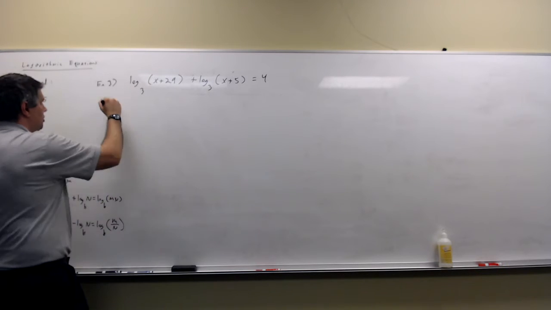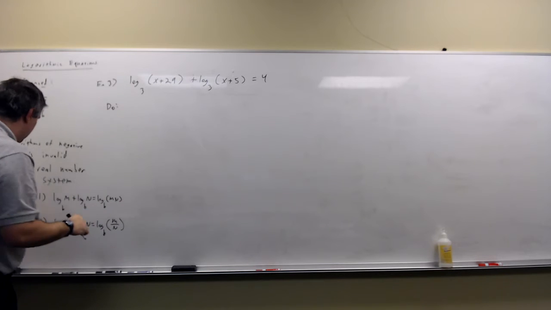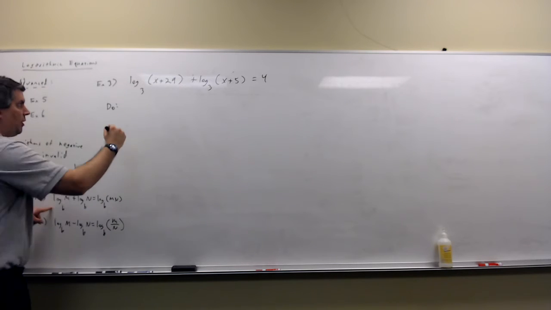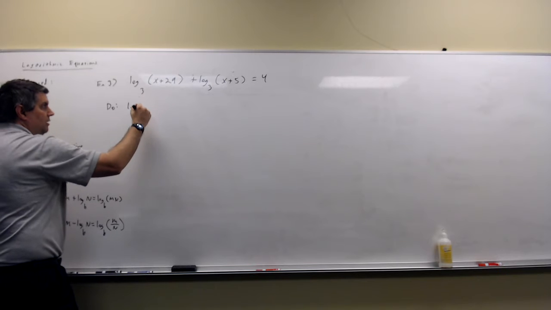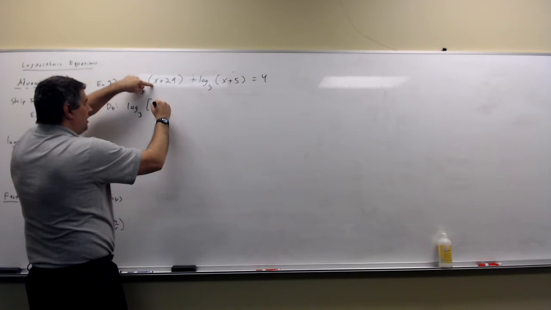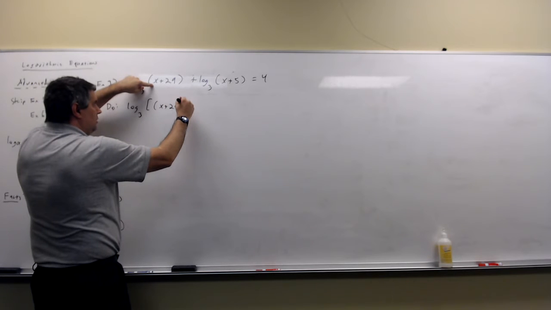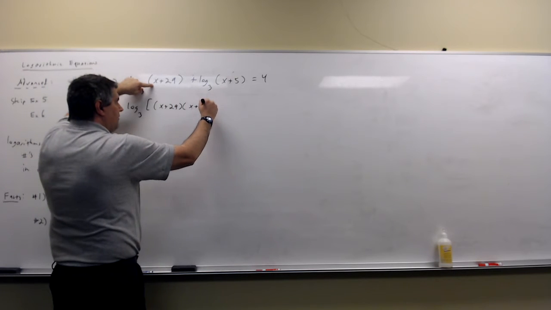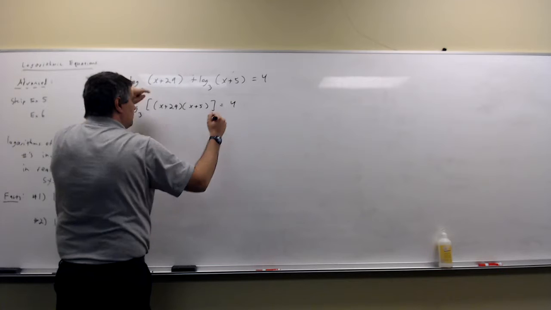We're going to use this rule right here. So I have log base 3 of x plus 29 times x plus 5 equals 4.